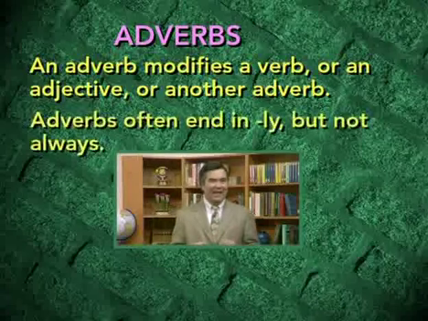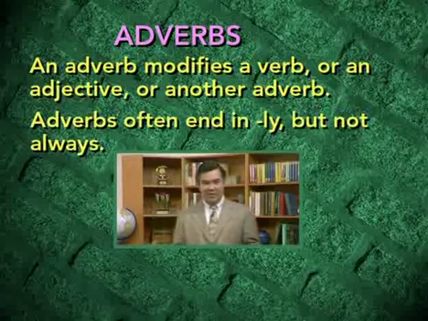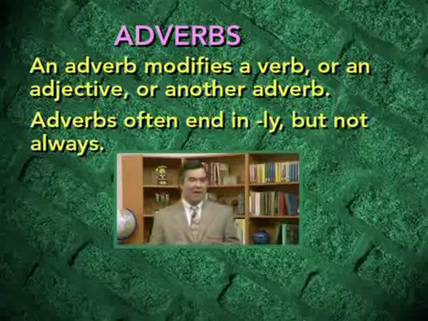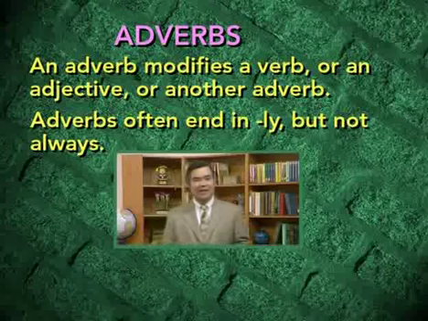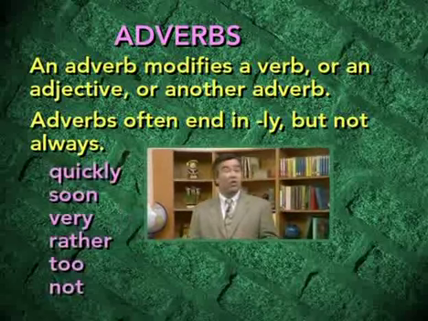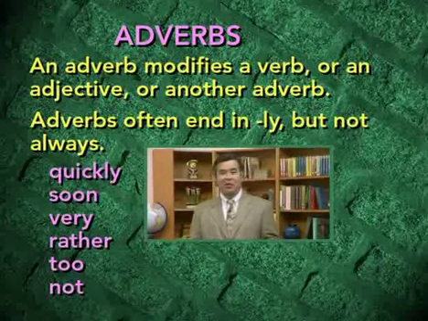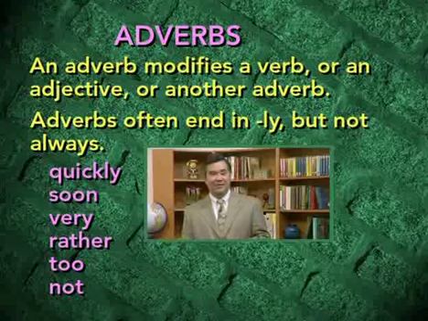Adverbs often end in ly, but not always. Here are some examples of typical adverbs, and we'll consider some examples of how these might be used in sentences. Adverbs include words like quickly, soon, very, rather, too, and not.